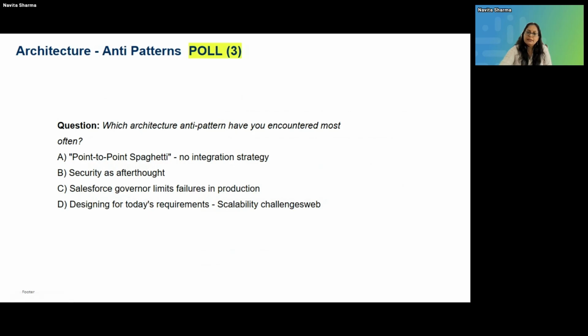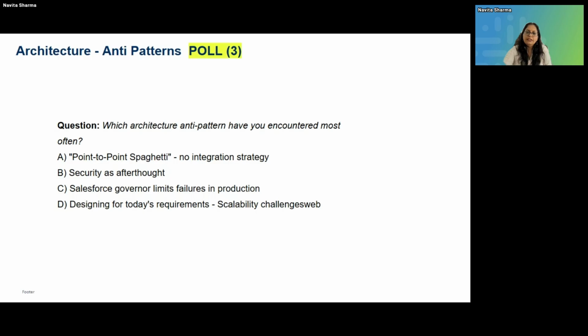Does anyone have a point of view on which architecture anti-pattern you have encountered most often? Point-to-point, security as an afterthought, Salesforce governor limits, designing for today's requirement, and scalability challenges. Yeah, we are having responses.